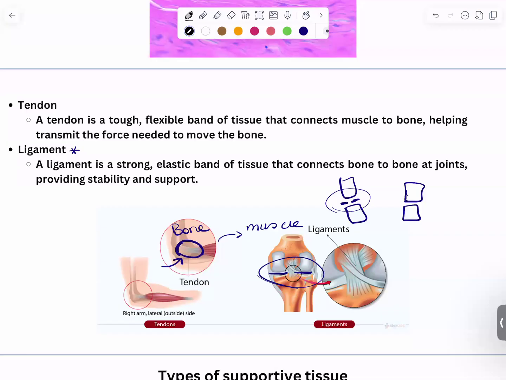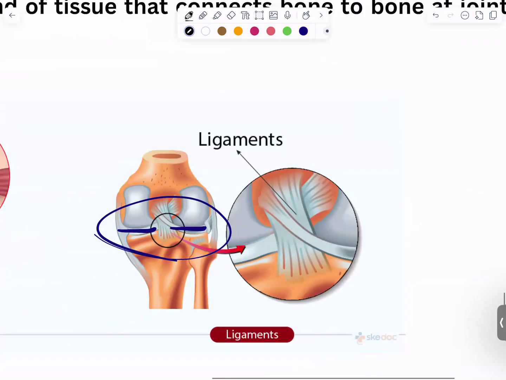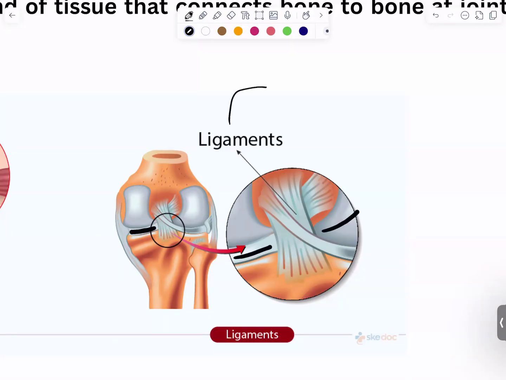Yeah. Okay. I think this picture needs to be cleaned. Ligament, as you can see here, this is ligament. This is ligament. Ligament is the space between the bones.